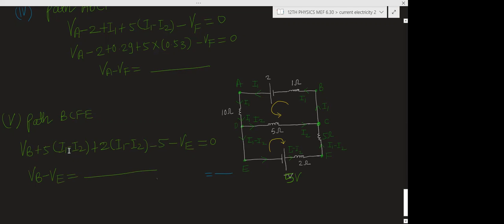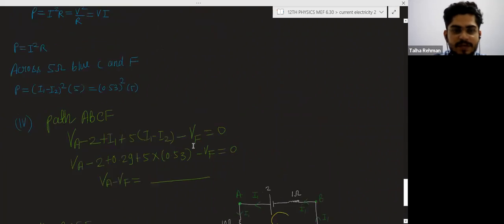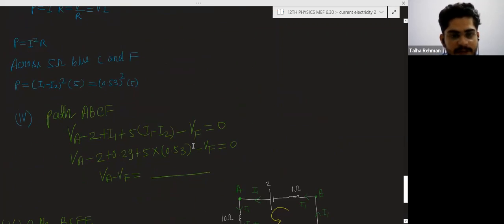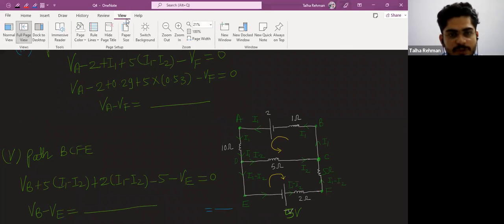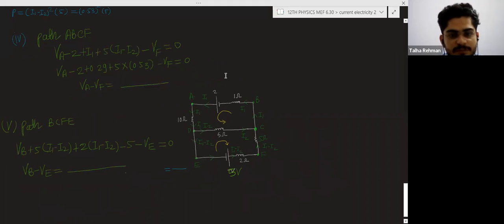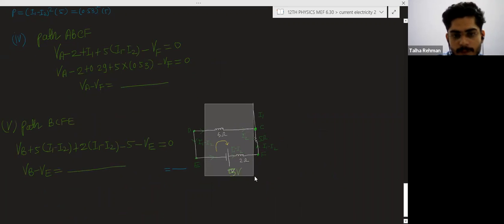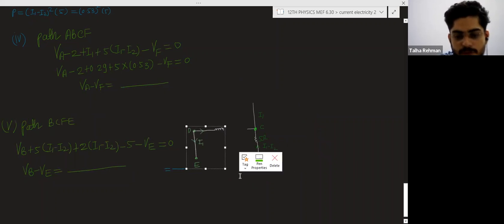You have this I1 minus I2, you just have to calculate. Just note it down from here. This question has been completed now.